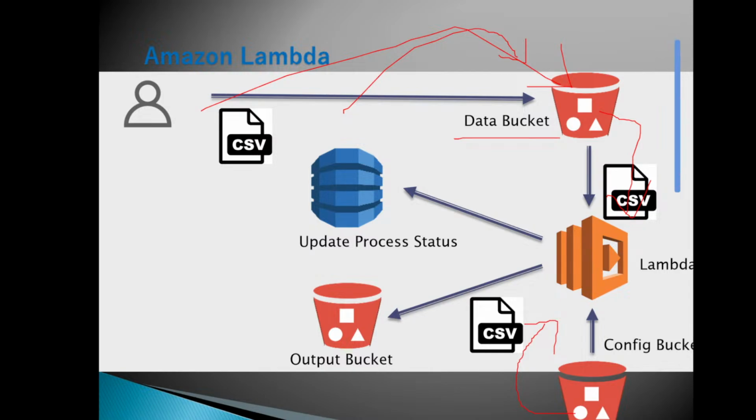To track how many files are processed successfully or how many files failed, I'm putting the information in DynamoDB. Again, DynamoDB is serverless. I don't have to pay a lot for DynamoDB. I'm using DynamoDB for logging purposes. Okay, this is the architecture. Any question on this?